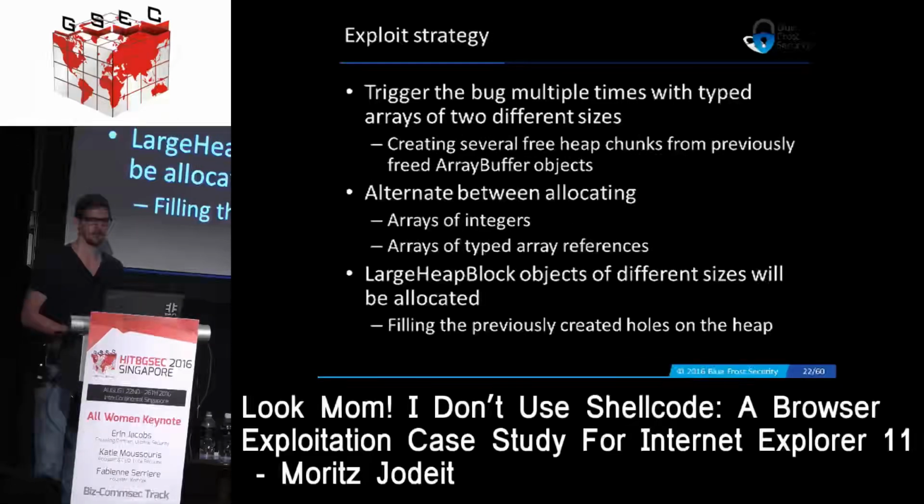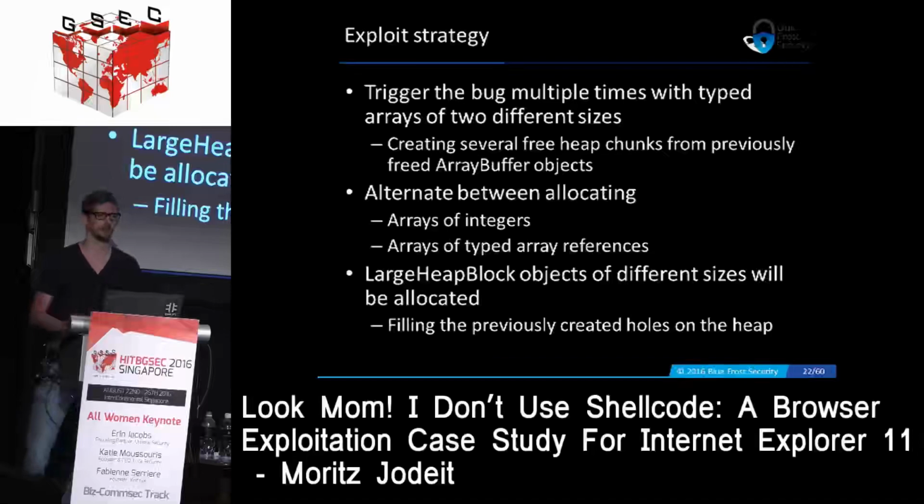The strategy is as follows. First we create two groups of typed arrays. We create these typed arrays, which will effectively create the corresponding array buffers on the CRT heap. We create one group of a specific size and another group of another size. And then we trigger the bug. So we will have typed arrays pointing to freed array buffers.